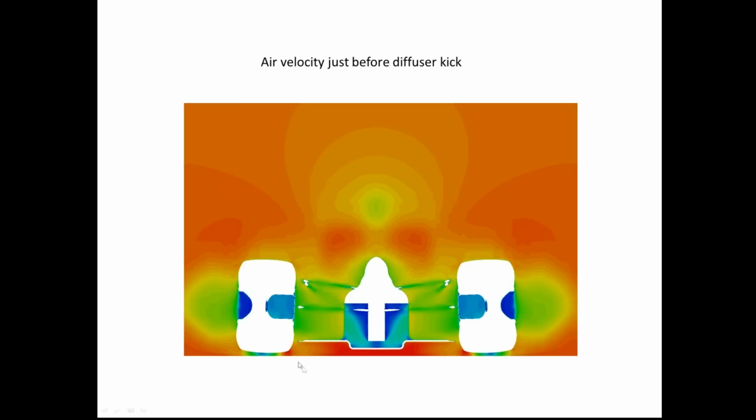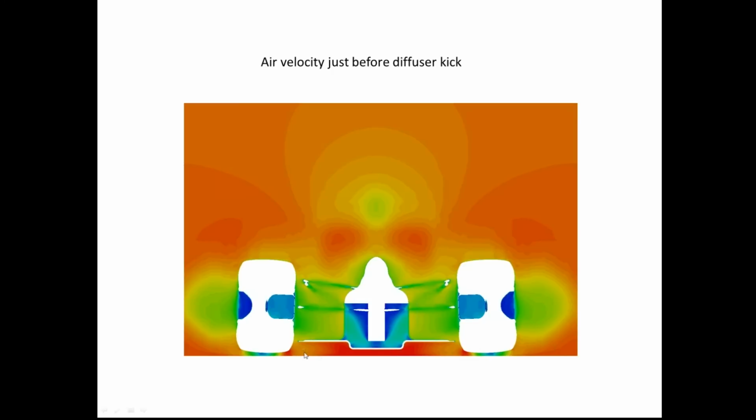And this is the end of the engine bay. You can see the floor, and that's where your diffuser is going to start. And the color is the velocity of the flow. Well, basically, the red zone under the floor here in the middle is indicating a high energy flow. This is really good to have in the center of the car like that, so you know that your rear diffuser is going to have a good energy flow to work with.